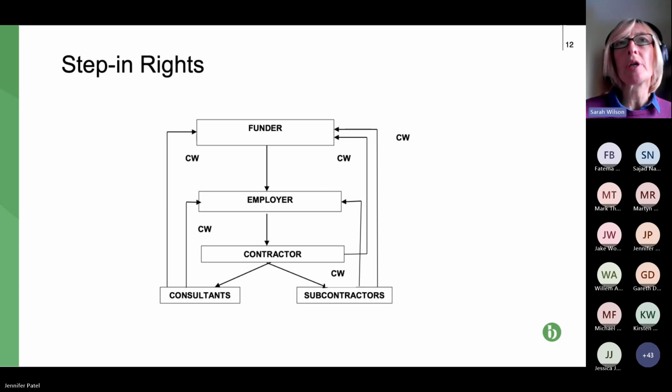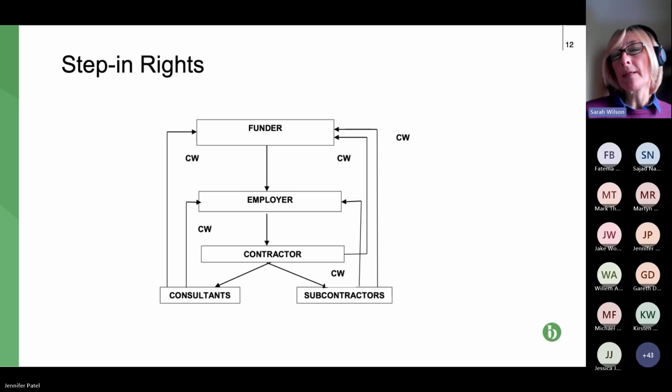So the privity of contract between funder and employer is that they are the parties to that contract, so they have the obligations and rights between each other. Ditto employer and contractor, ditto contractor and subcontractor, and also ditto contractor and consultant.